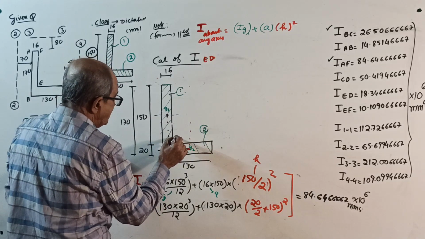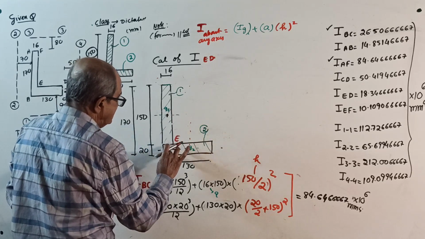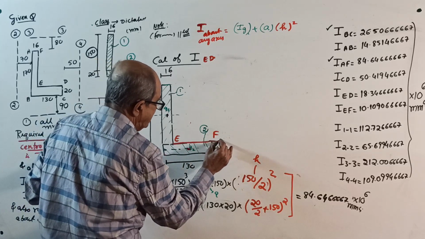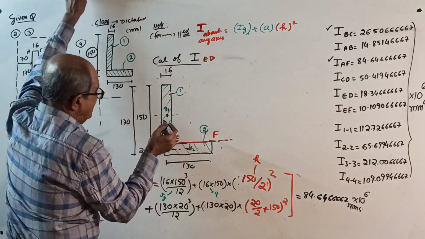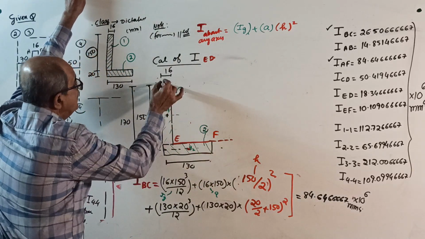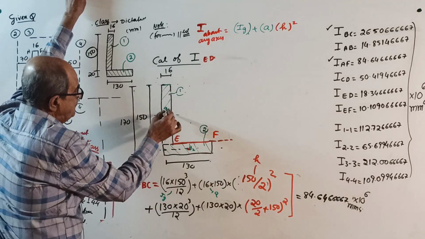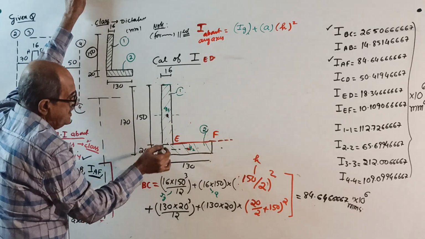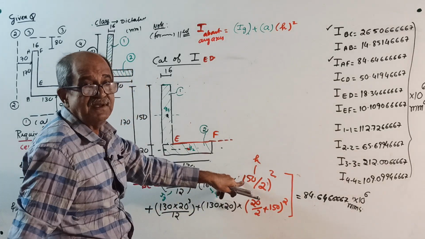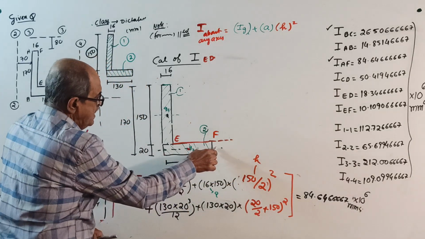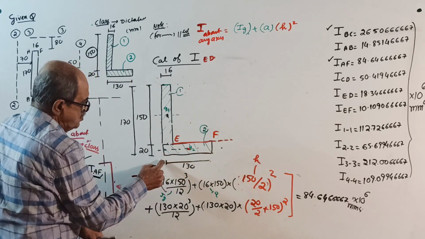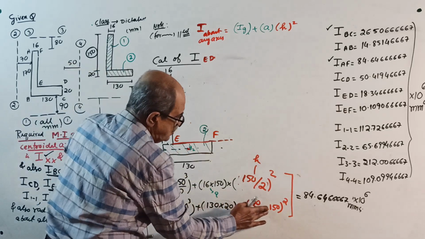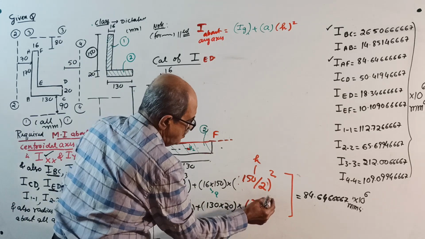See, this is your E, this is your F. You want I about this axis. See, extend further. Okay. Start once again. I about its own axis: 16 into 150 cube by 12 plus area into, now it is from here to ED. See, this distance square is 150 by 2 whole square, same as last time, plus I about its own axis, 130 into 20 cube by 12 plus area into only this distance square, 20 by 2 square.